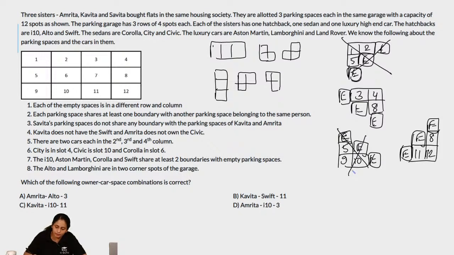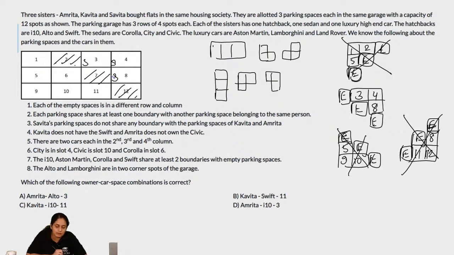Over here, we are also told that City is in slot 4. If City is in slot 4, it cannot be empty. So even this is rejected. So only one case is there, where 3, 4, 8 are Savita's spaces and these are empty spaces. So this is empty, this is empty, this is empty, and these are Savita's spaces.